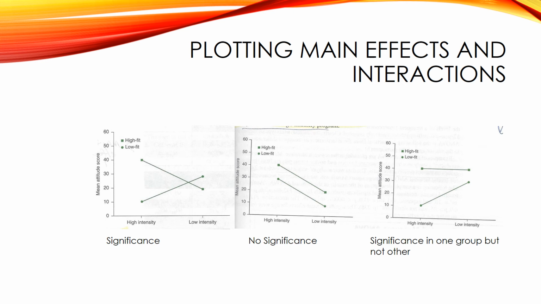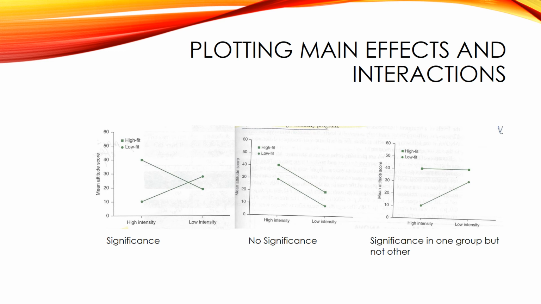If you see on the picture on the left, if the lines cross, so high fit, low fit, mean attitude scores, if those lines cross, that means there's a significant interaction. If they don't cross, like you see in the middle picture, it means that there was no significant interaction between the two groups, high intensity, low intensity, and their scores.